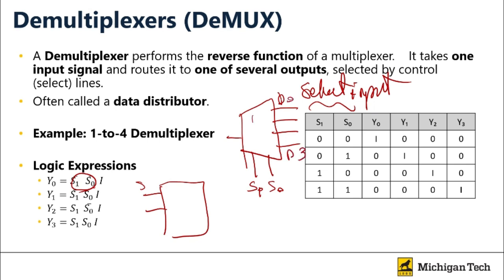This is the demux. This is the decoder. In the decoder, imagine the inputs are S0 and S1, and the outputs are D0 to D3. However, we don't have the data input, but I here acts very weird. It's like whatever I is is going to get out.